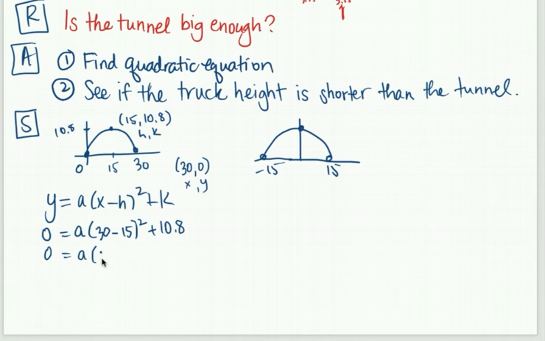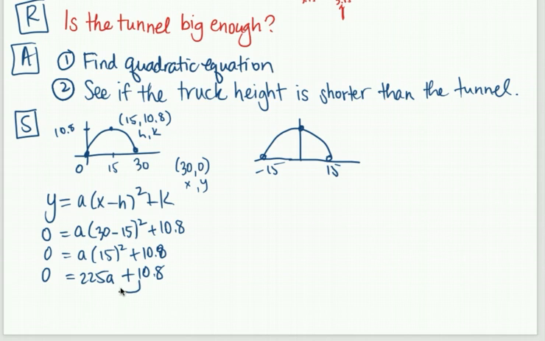Okay, so that becomes 15 squared, and you would write 225a. So that becomes 225 times a, is 225a. All right, let's go through and solve for a.